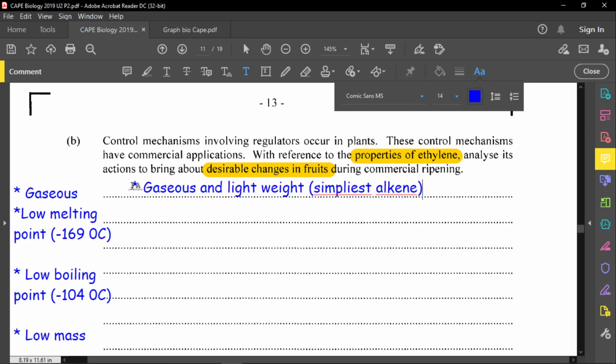Now, also what I want to do in terms of this is I'm going to refer to the function of this. And so here we can talk about being the simplest alkene or being a gaseous substance, right? It spreads really easily, okay? So just to make a note of that. So it spreads easily.